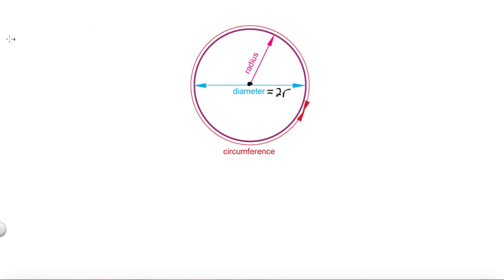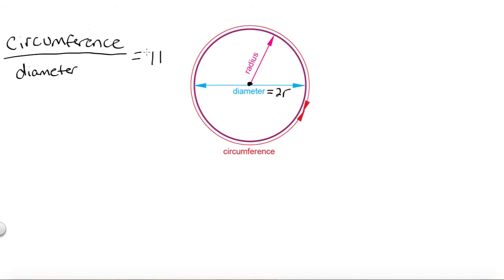What that means is the circumference of a circle divided by the diameter of a circle is equal to pi, which is approximately 3.14159, and it continues. So we know that with every single circle, the circumference of that circle divided by the diameter of that circle is equal to pi.